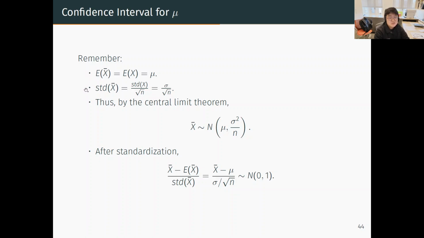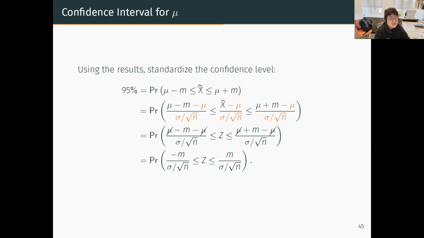The mean and the standard deviations are known, like you know the formulas. So we know everything by the central limit theorem. So using the normal distribution, we are going to standardize X bar so that the standardized random variable follows a standard normal distribution.